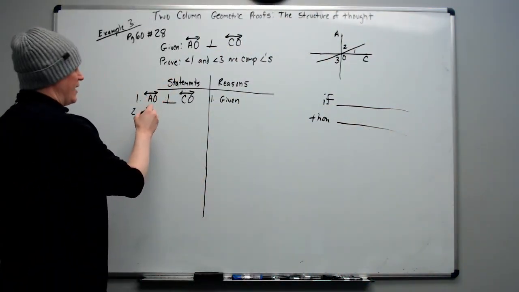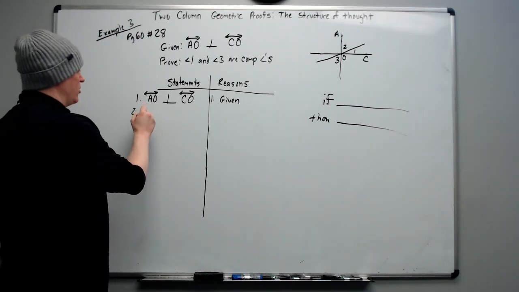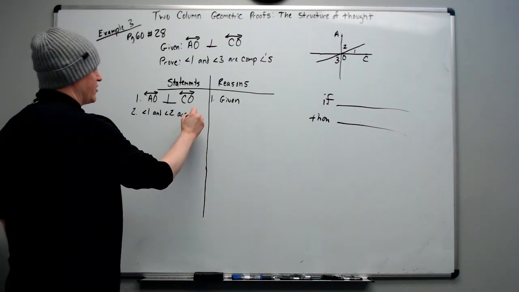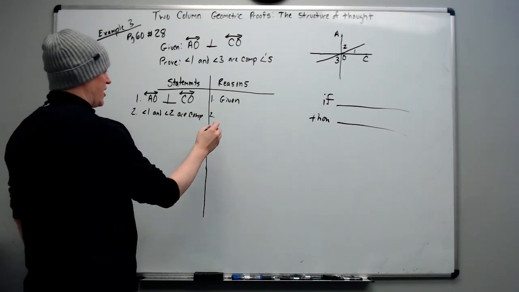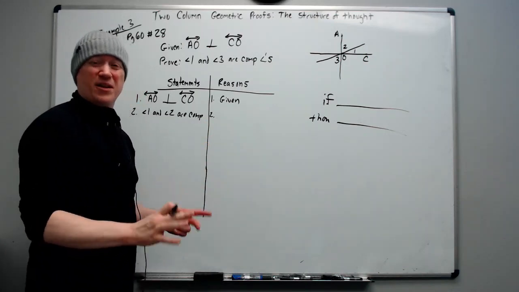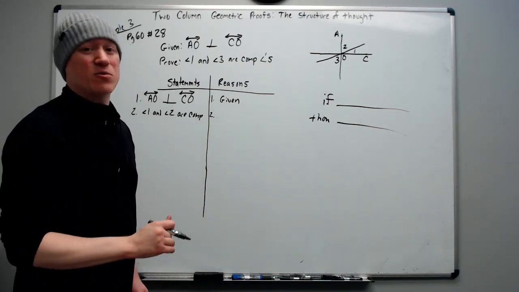We're going to say that angle 1 and angle 2 are complementary. And the justification is what we just showed. In these cases, when the theorem doesn't have a name, you have to write it out.